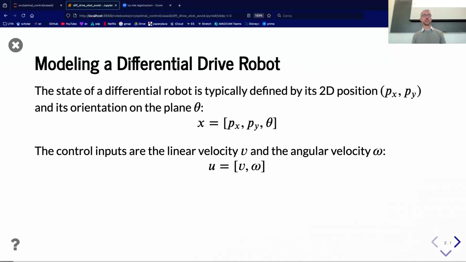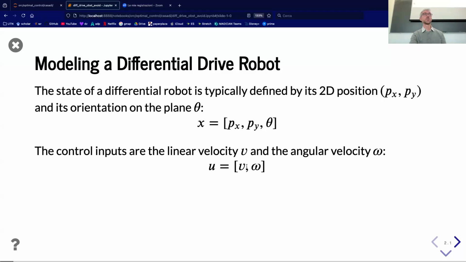So the model of a differential drive robot, in case you have never seen it, is quite simple. We model the state of the robot as its 2D position on the plane, and we use one angle, theta, for representing its orientation. The control inputs of the robot are its linear velocity and its angular velocity.